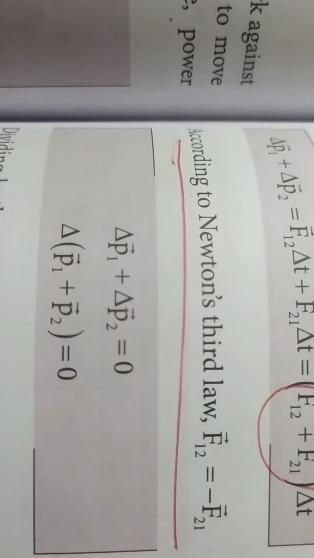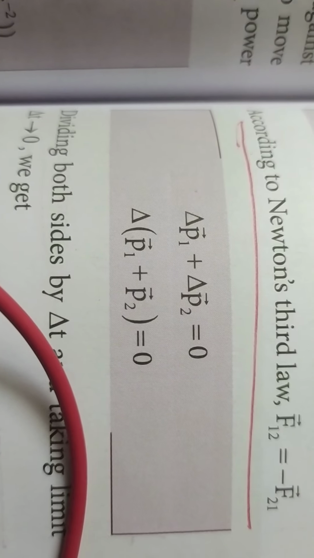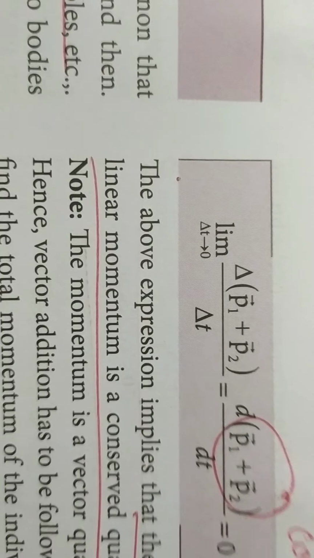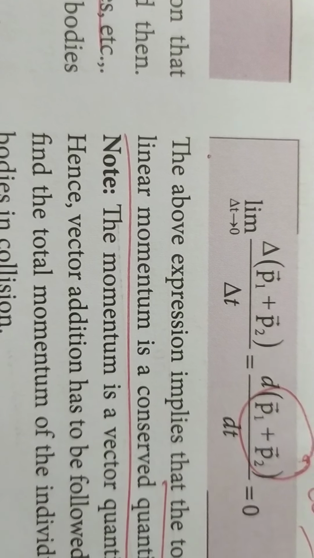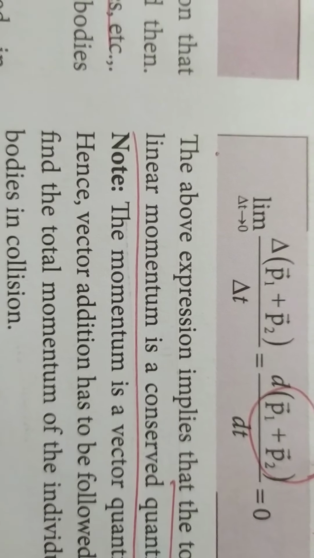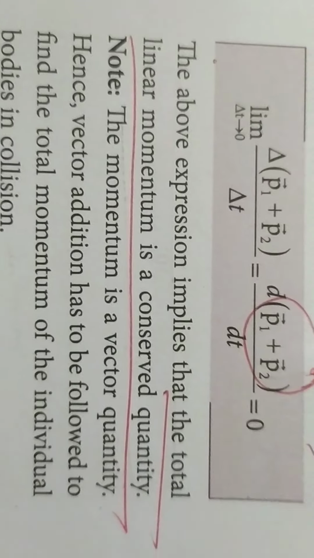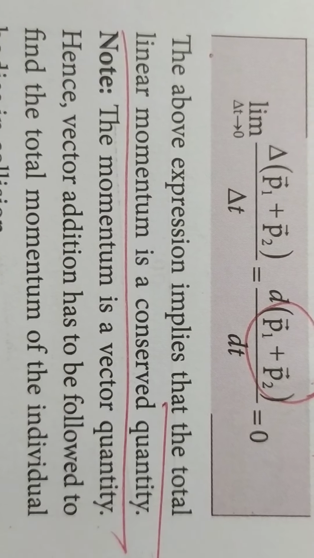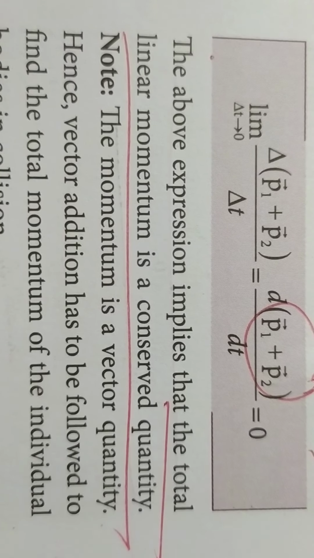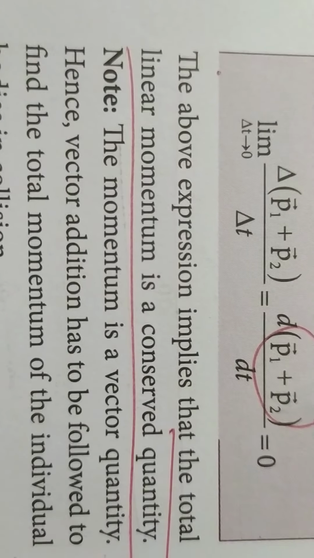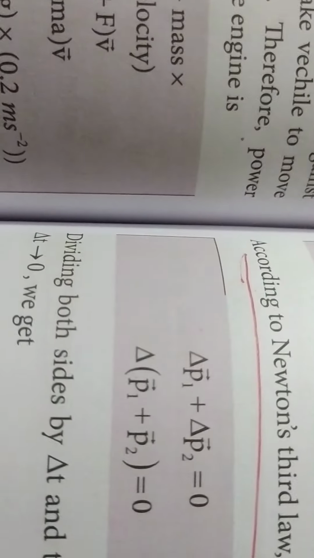Here delta T is the time taken, and now you divide both sides by delta T. Applying the limit delta T tends to 0, delta of P1 vector plus P2 vector by delta T can be written in differentiation form as d of P1 vector plus P2 vector divided by dt, and this is equal to 0, because we have seen that delta P1 vector plus P2 vector is equal to 0.